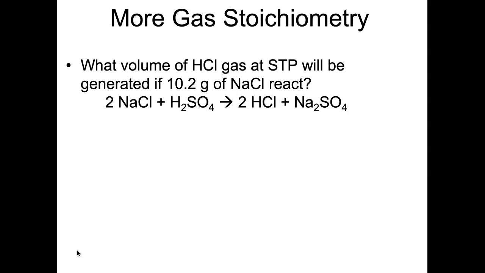So now hopefully you took those 10.2 grams of NaCl, used your molar mass to convert to moles of NaCl, used your mole ratio from the balanced equation that 2 moles of NaCl equals 2 moles of HCl to find your moles of HCl, then used the relationship that 22.4 liters equals 1 mole for a gas, and hopefully you came up with 3.90 or 3.91 liters of HCl needed to react there.